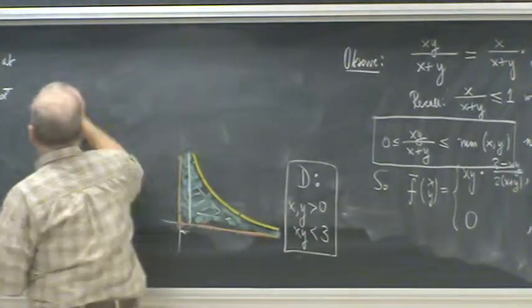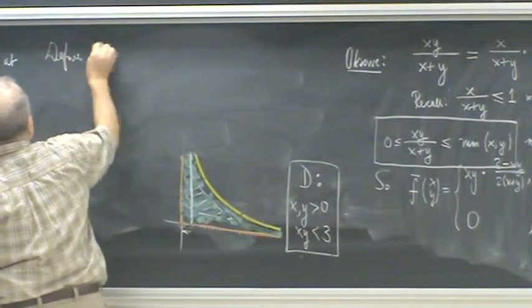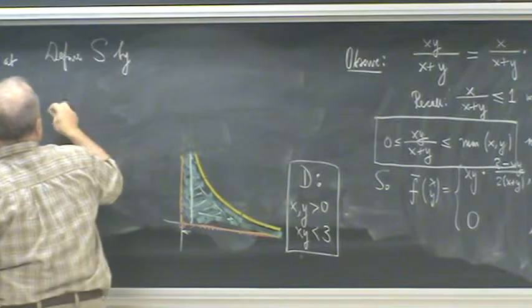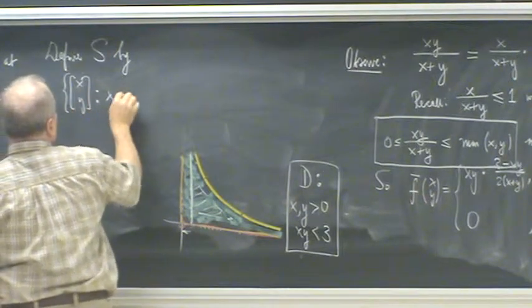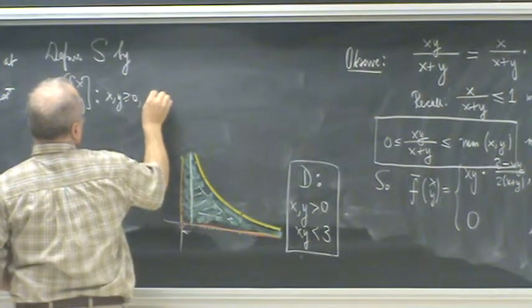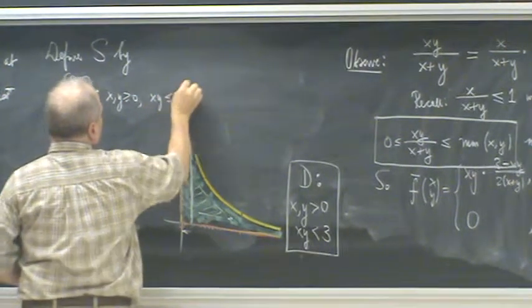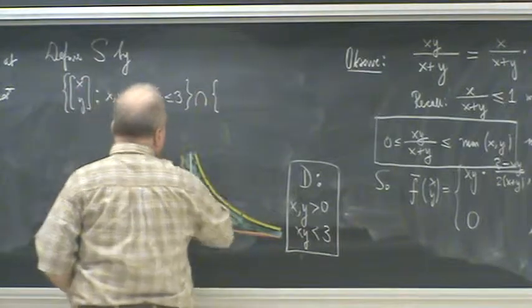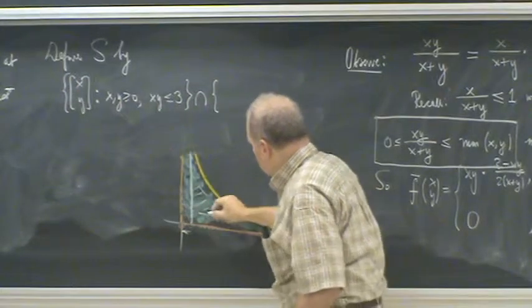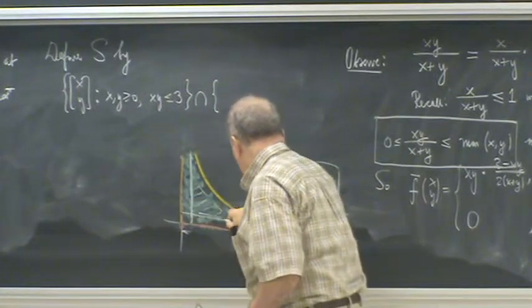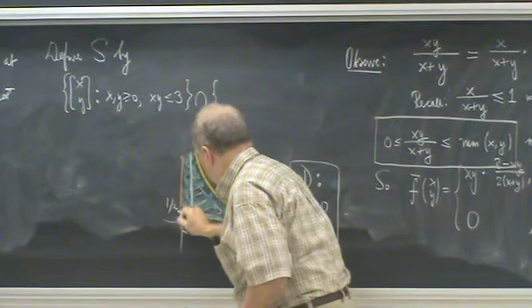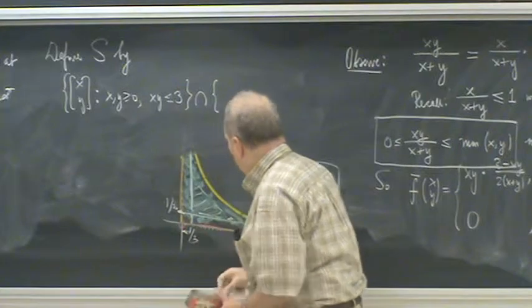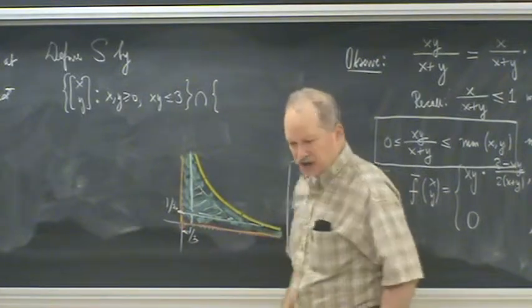So define S by taking our domain and making it so that outside of my compact set, either x or y or both are less than a third.